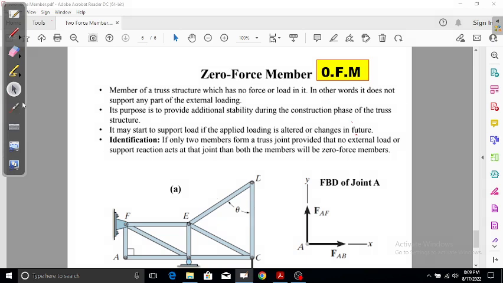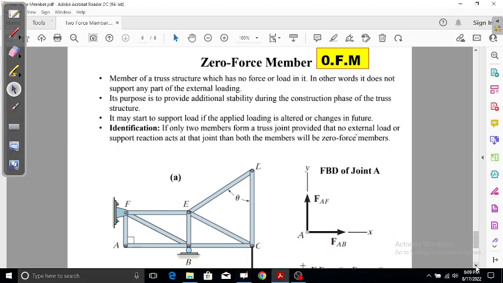Now the question arises: in a big bridge, how do we know which is the zero force member? You can very easily detect it by this definition.